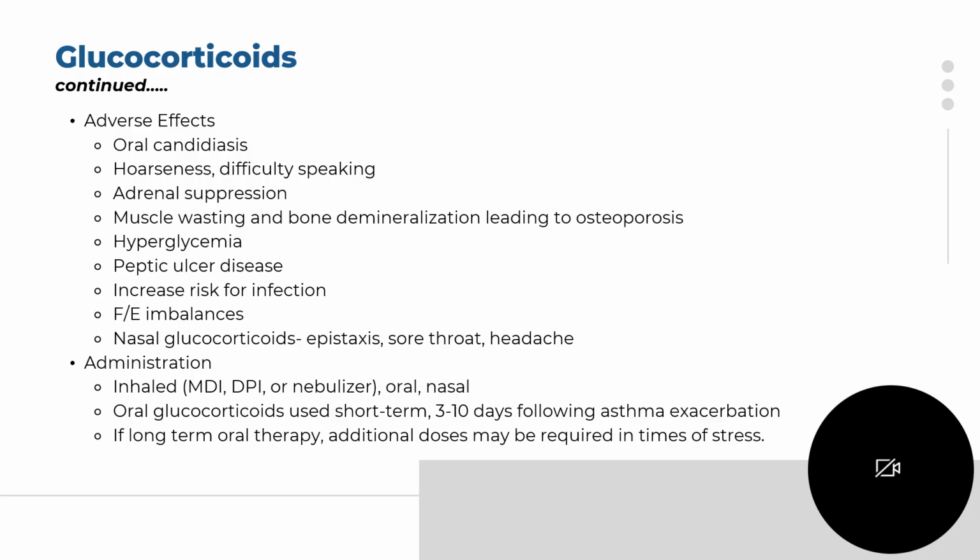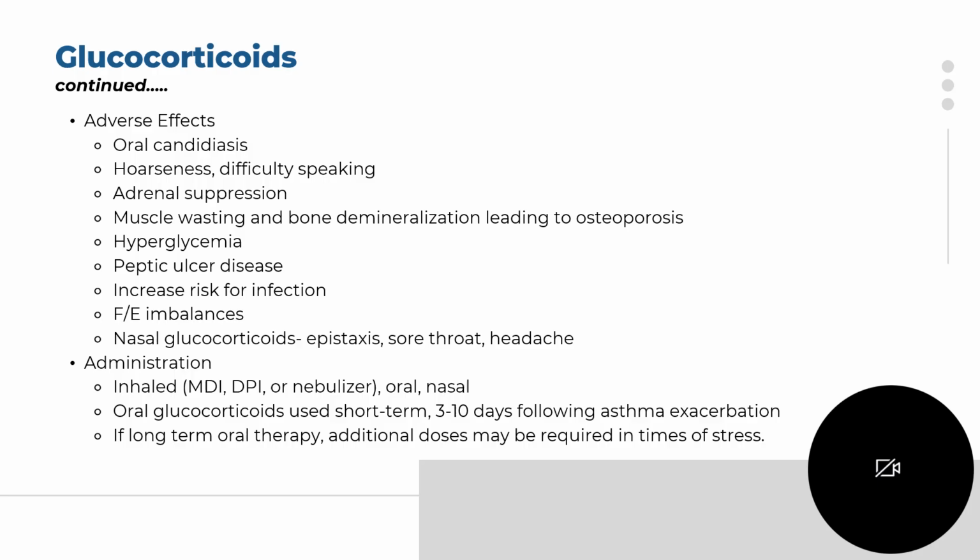Same deal: muscle wasting, bone demineralization, high blood sugar, peptic ulcer disease. We've talked about the other things. If it's nasally, which we're coming back to in a second, they're going to be at risk for nosebleeds. That's what this word means, epistaxis, sore throat or headache.